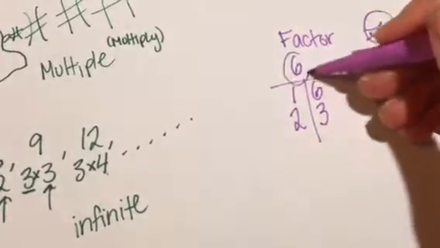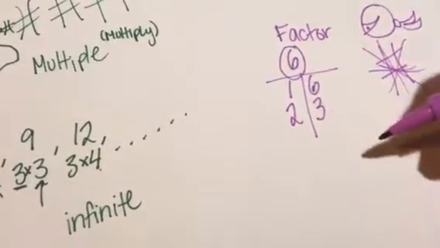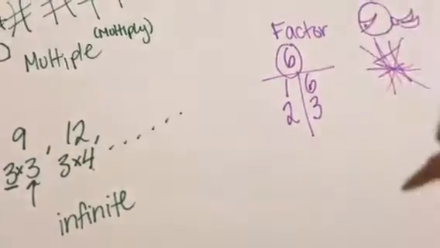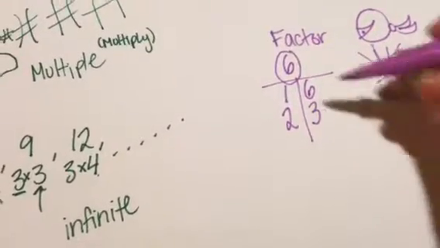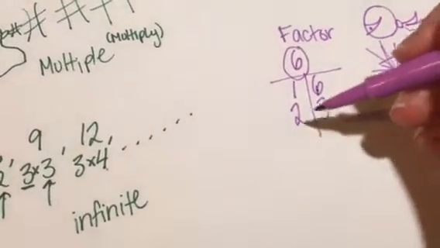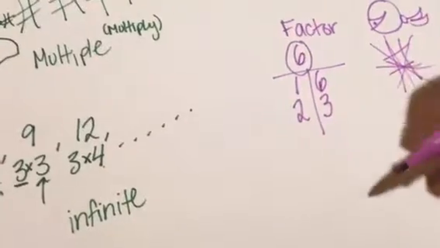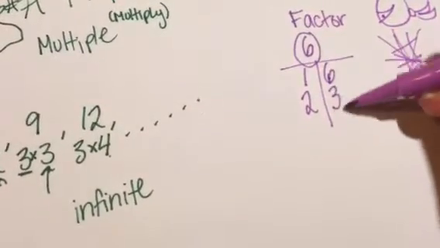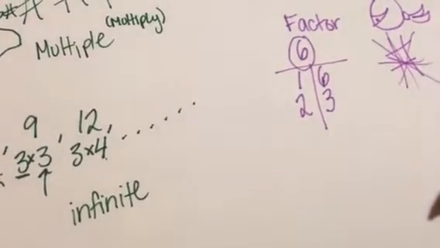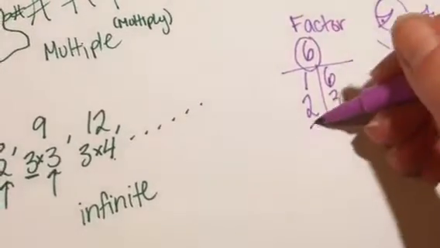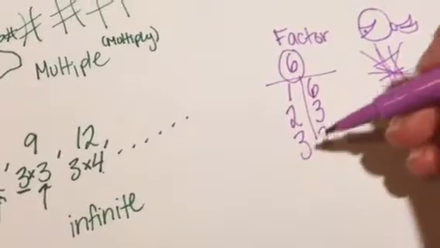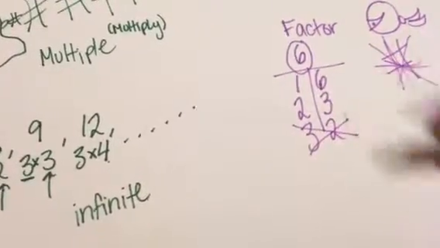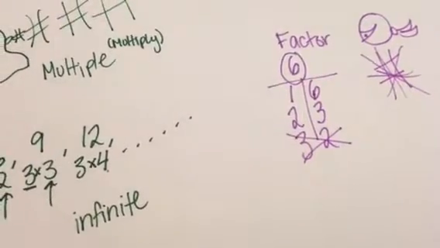So this is your product, and you're thinking about what factors can I multiply together to give me that product, okay? And then I think 3 times 2 already gives me 6. So once you already have the number over here, you can kind of stop because you know it's going to start repeating. I don't need to put 3 and 2 because that's repetitive. So I can stop after I put that there.